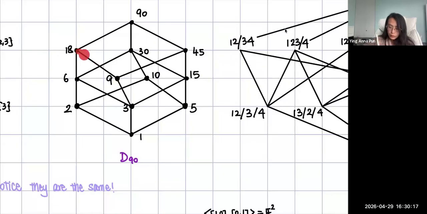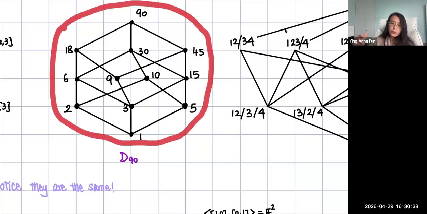So in this case, the covering relation is that the quotient is a prime number. For example, if we choose 10 and 30, the quotient is 3, which is a prime, and therefore you have a line here. So you can order things like this and draw a Hasse diagram of this poset.